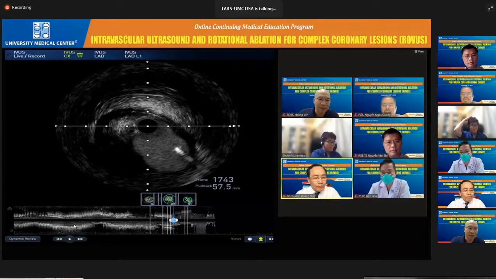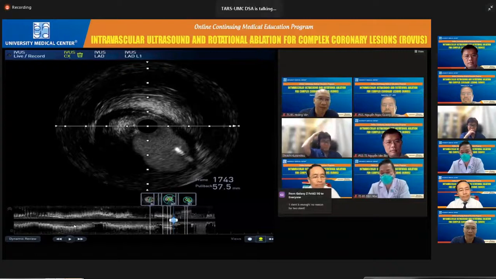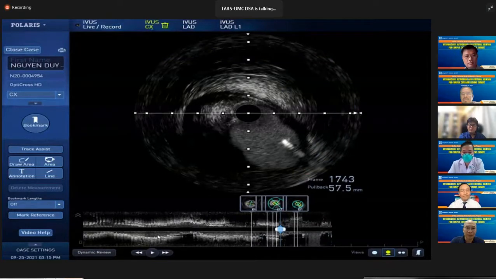Yeah, thank you. In this case, I think about the two-stent technique, DK crush, similar to what Professor Tân told me. But in the IVUS, we see in this picture at the circumflex ostium, opposite the LAD ostium, we have some mixed plaque over there.